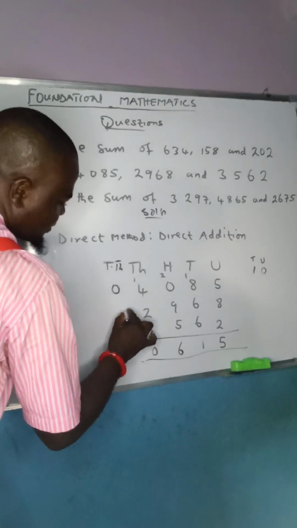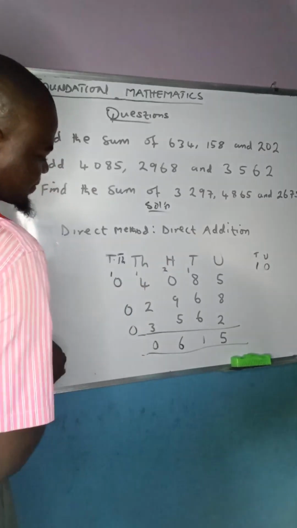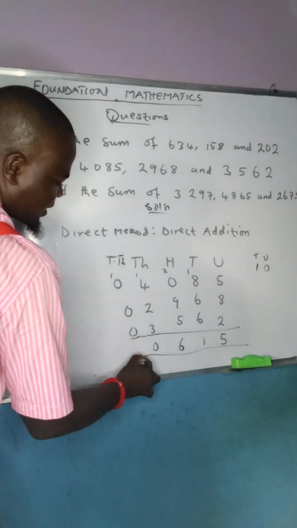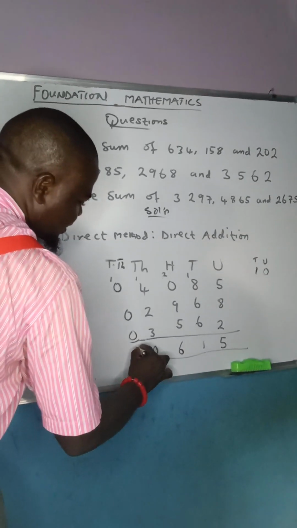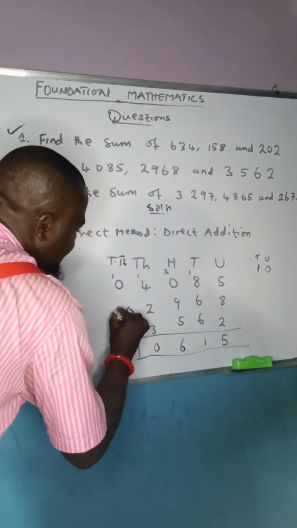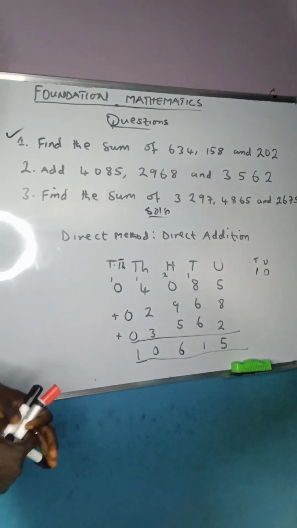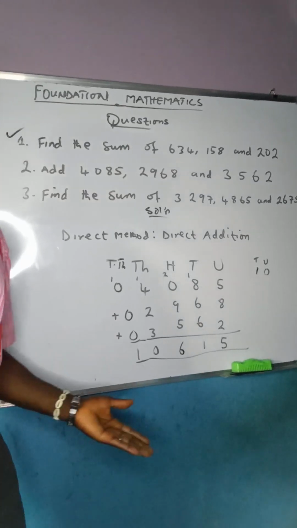Put this one to be 0, 0, 0. So the one you carry is here. Under this 10,000 you have 1. But if you leave it even under the plus, you will still get it.